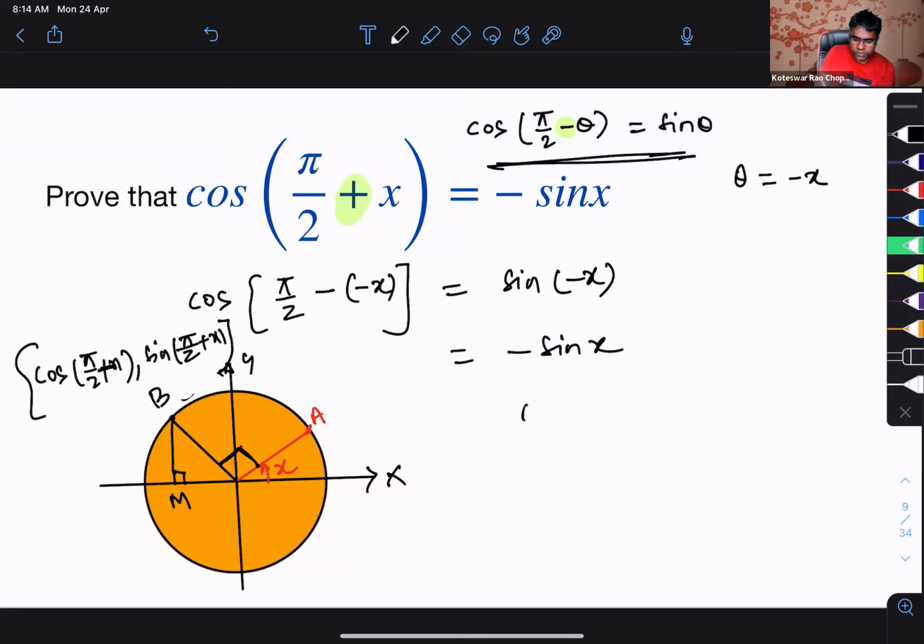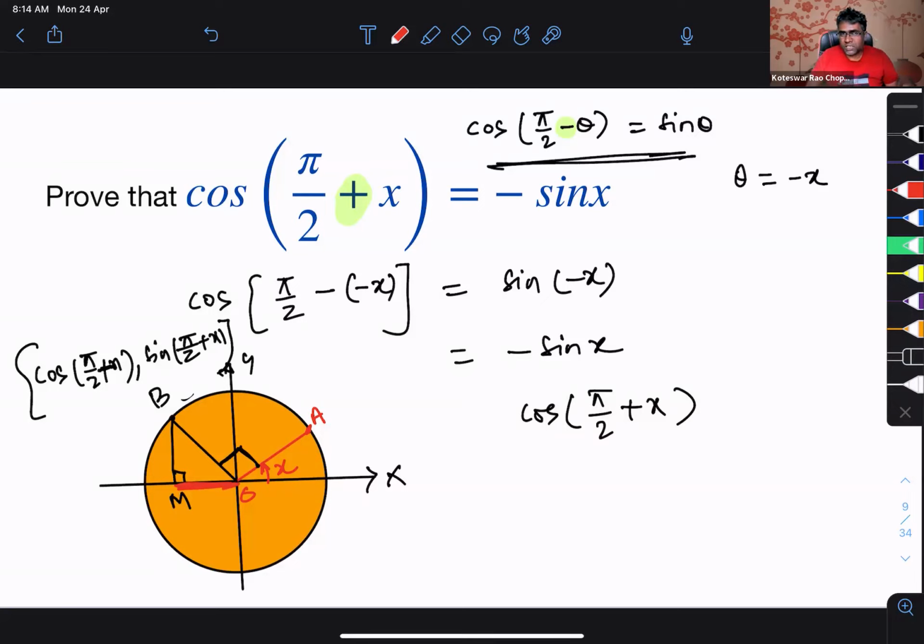Now, what is cos of pi by 2 plus x? How can I get cos of pi by 2 plus x? It is simply the x coordinate. You guys remember? Just the x coordinate. Let me highlight that. Make this point O. So this is our x coordinate, OM. But we have to be careful here.